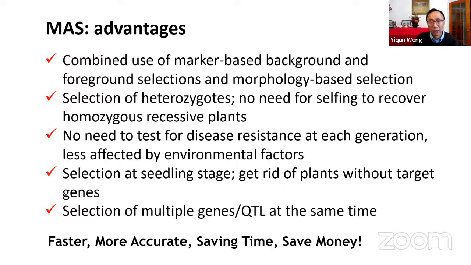And you can also select earlier, often at the seedling stage, and only keep those you need. So that economically saves a lot of money. In particular, you can select multiple genes or QTL at the same time. So it's much faster, more accurate, saves time and saves money.